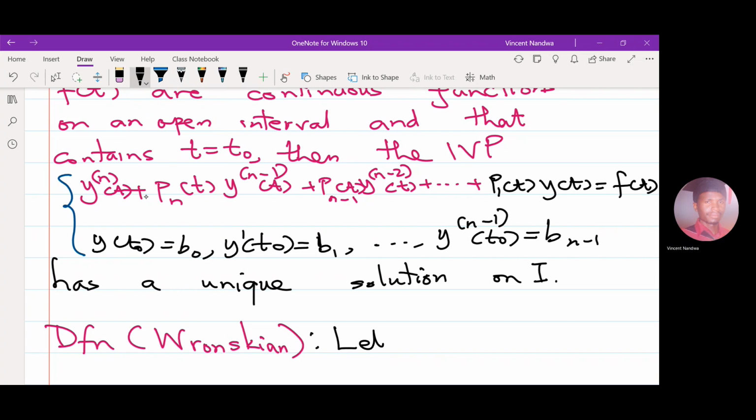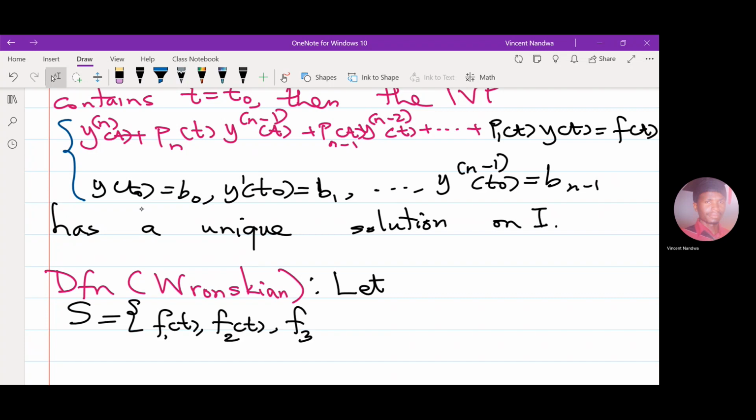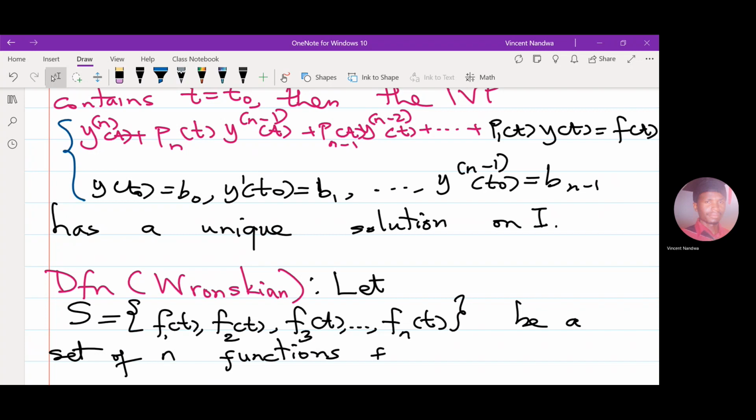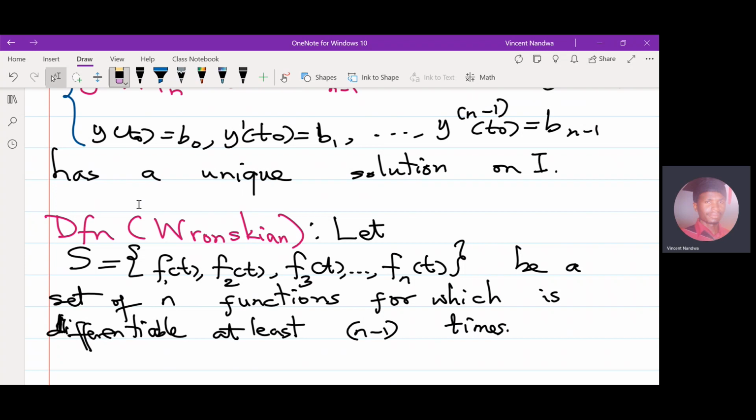So let us have a set S of n functions that are at least n minus 1 times differentiable.